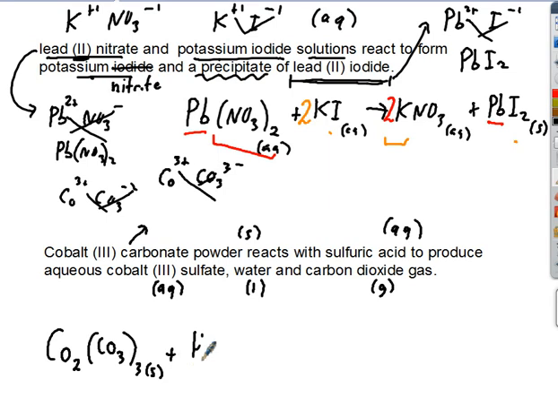It reacts with sulfuric acid. It's expected that Year 11s know that sulfuric acid is H2SO4 aqueous. And it's going to produce this aqueous cobalt-3 sulfate. So cobalt-3 sulfate, let's think about what that formula will be.